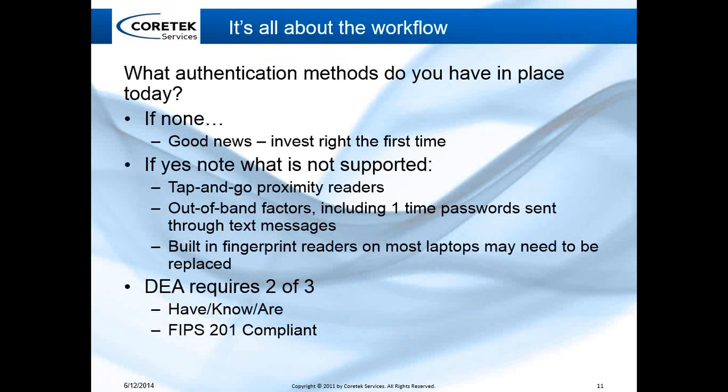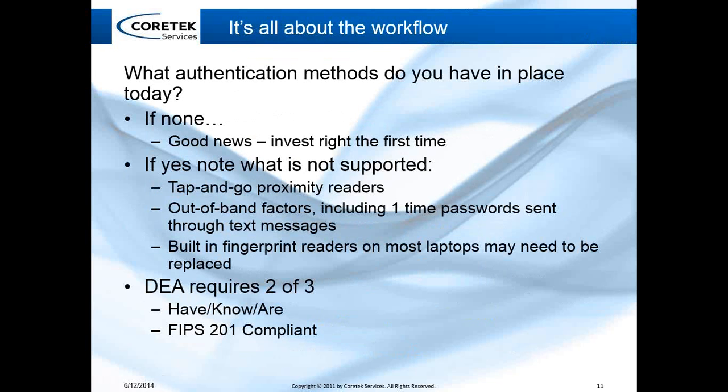And again, if you have some of this in place already, you don't have to rip it out. Remember that the DEA requires 2 of 3 methods. So what do they mean by that? The 3 methods are something that you have, like a smart card or token, something that you know, like a password, and something that you are, which would be a biometric.